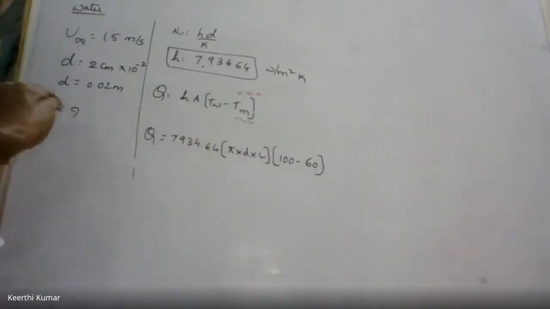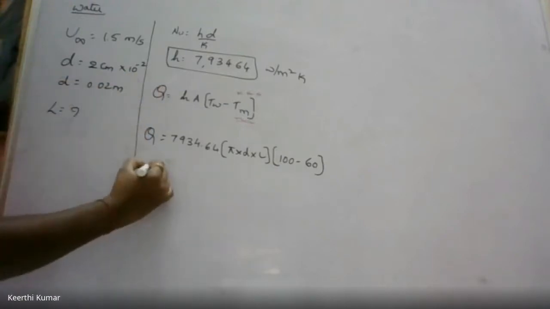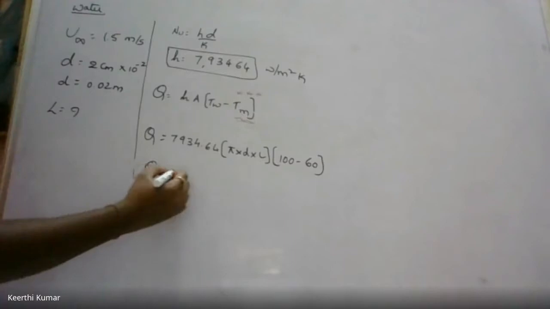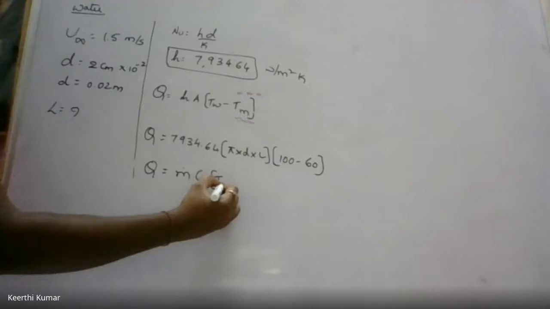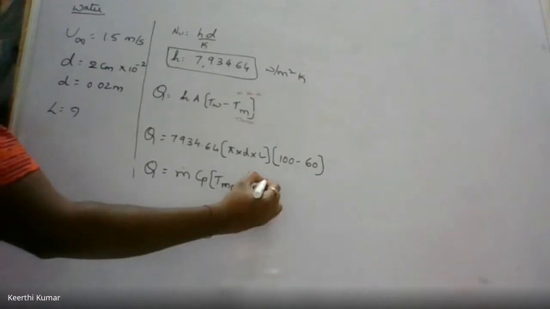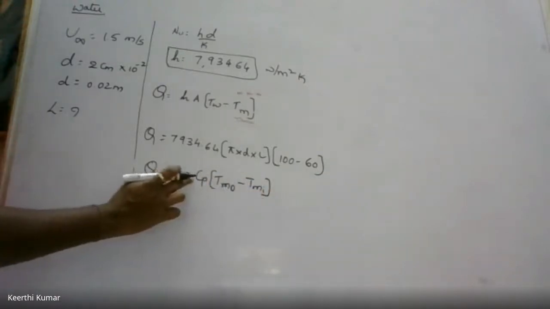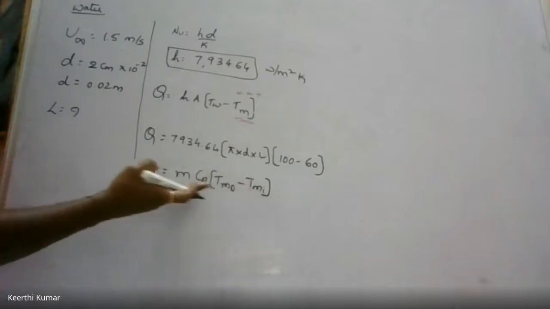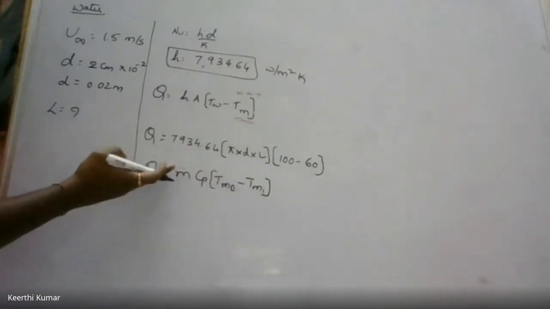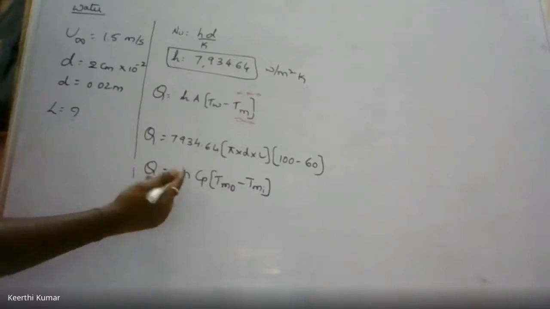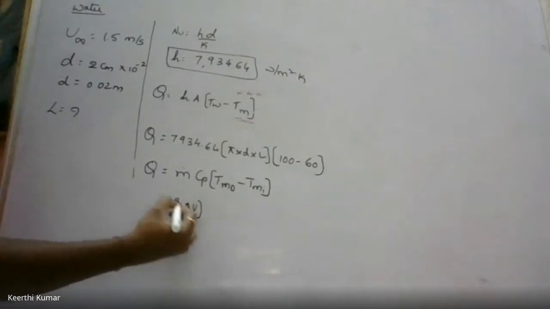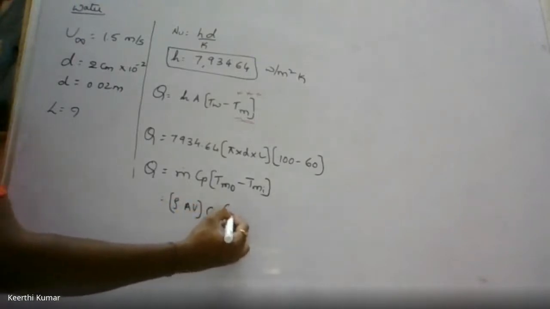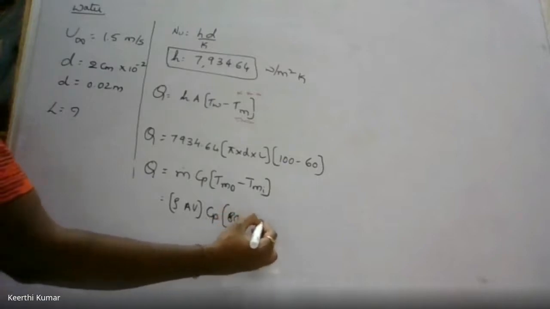What is the equation if the fluid is flowing inside the tube? The Q will be m dot Cp (T of m outside minus T of fluid inside). This is the general equation, no? m dot Cp delta T of that fluid. If you do this, we'll get Q again. I can equate these two Qs. The Q value here and here is the same. So what is m dot? m dot is nothing but rho A V. Cp for 80 minus 40.